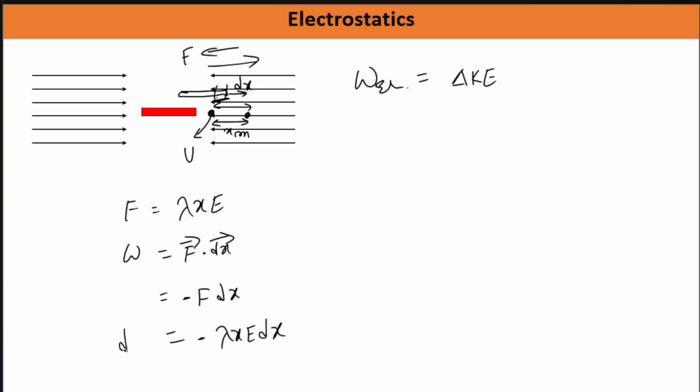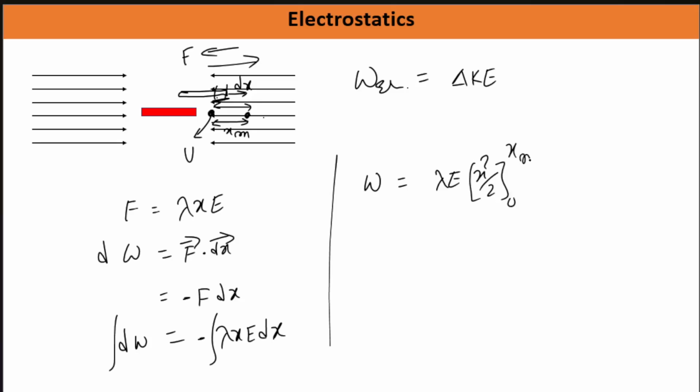Okay? So this is a small work done, and if you have to calculate the total work done while its front part traveled from 0 to xm, it will be how much? Work done will be equal to lambda e x square by 2. X varied from 0 to xm. This is the negative sign. Okay? So work done is minus lambda e xm square by 2, and this will be equal to how much?